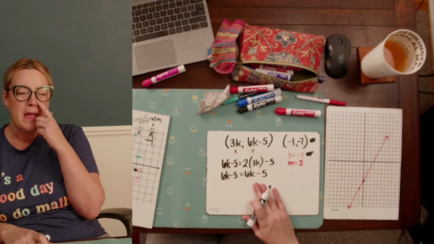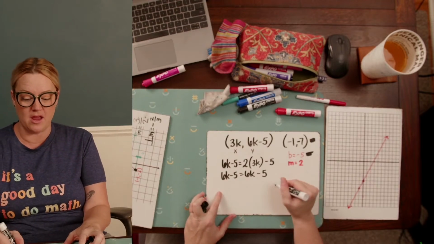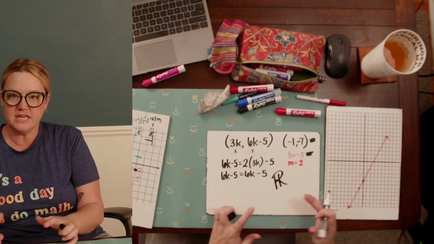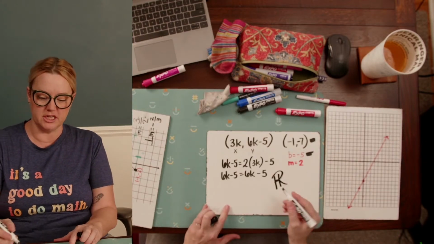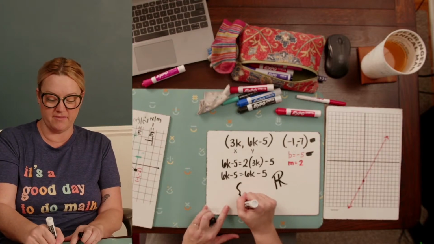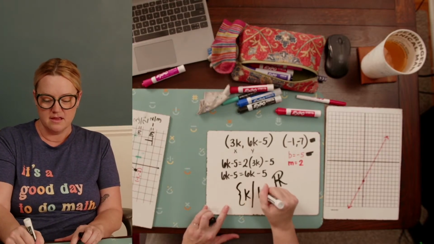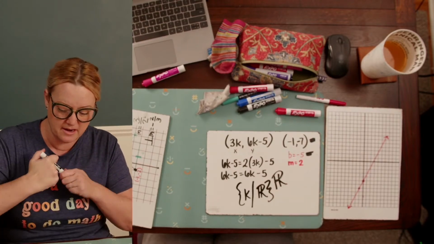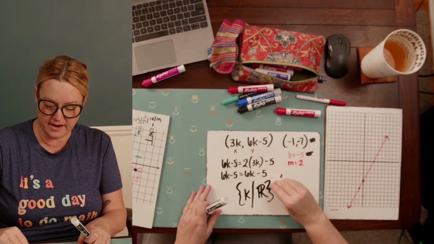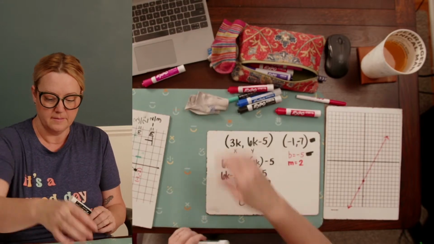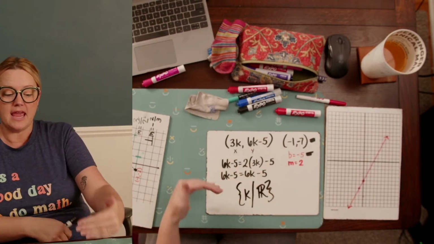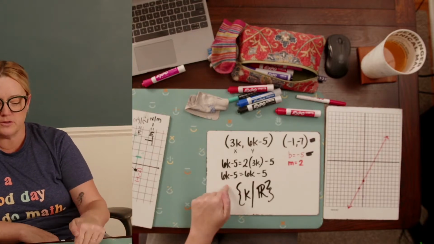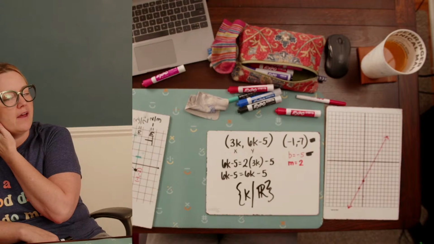So the solution would be all real numbers. I'm not sure what notation your teacher wants, but maybe you would have set notation that k can be all real numbers. If you need to use set notation, that would be that. But again, if this were not all real numbers, you would be able to solve this for k for a specific value.